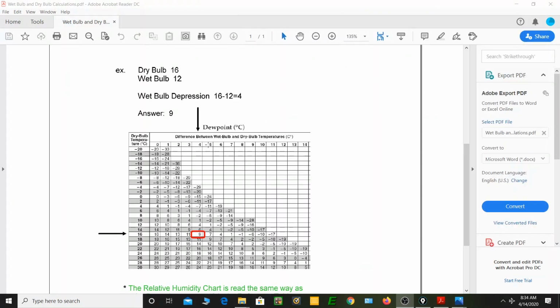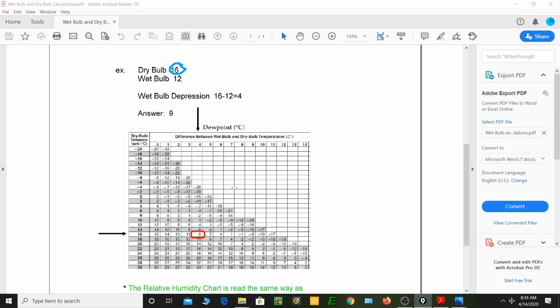So when we look at this, you use your Sling Psychrometer, we get a dry bulb, which is the air temperature, and we get a wet bulb, which is the air temperature drawn down by the evaporation. So here's the dry bulb, here's the wet bulb. You subtract to get the difference. Then you go to the chart.